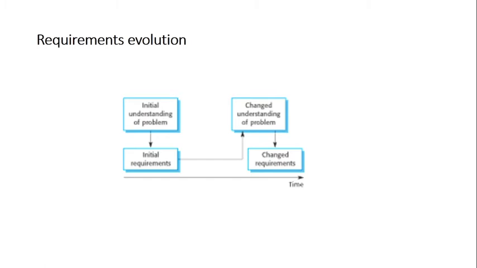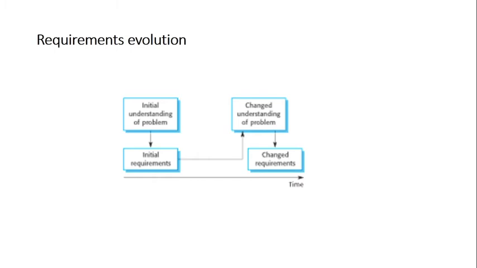So what is requirements evolution? Initial understanding of the problem. We start here, right? Then we gather the initial requirements based on the problem. Then with time the requirements keep on changing, right? Now what happens is a changed understanding of the problem. Once you gather the requirements, maybe you get more understanding of the system and you find that something else is expected.